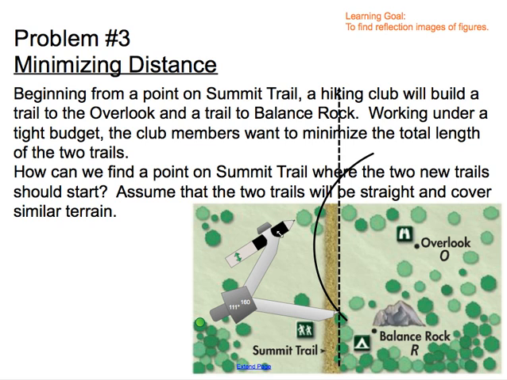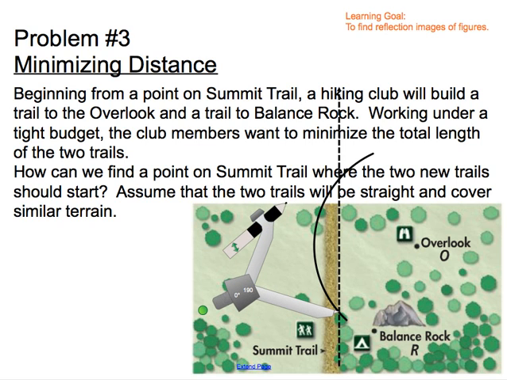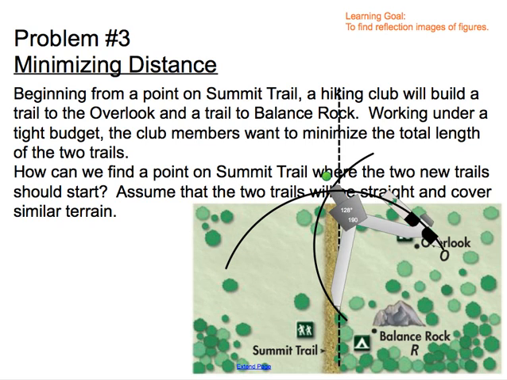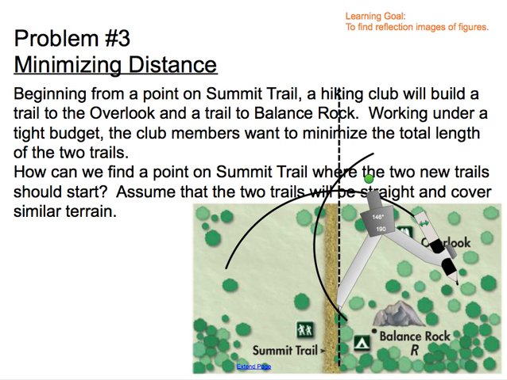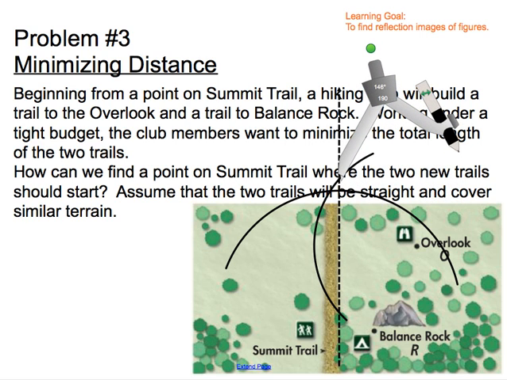I'm going to draw an arc that touches this extension of Summit Trail in 2 spots. Then I'm going to take my compass, open it more than halfway, and draw 2 half circles, one from each location where that first arc touched the dotted line.